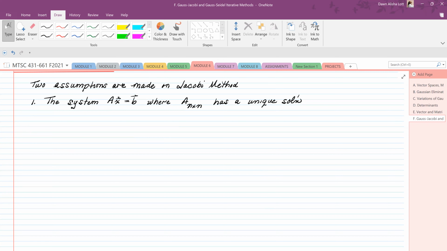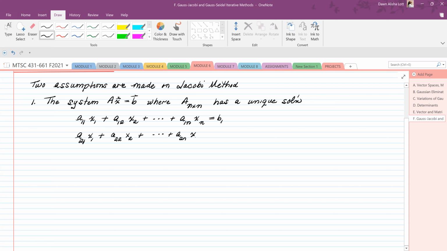Okay, so we're looking at something that looks like A11x1 plus A12x2 plus dot dot dot A1nxn equals B1, A21x1 plus A22x2 plus dot dot dot plus A2nxn is equal to B2.